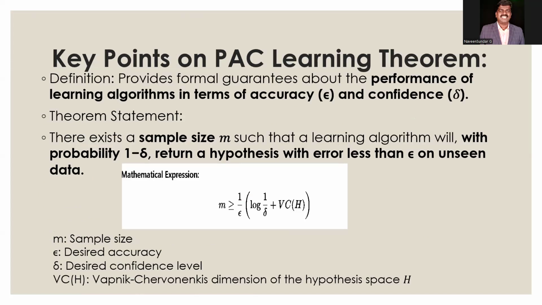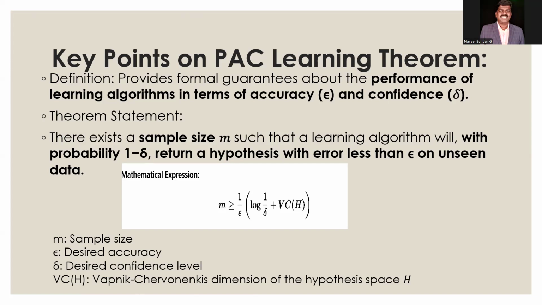Now the main key points of the PAC learning theorem. We can see the performance of learning mainly in terms of accuracy and confidence. Delta is the confidence, and accuracy is epsilon, which should have a low value.